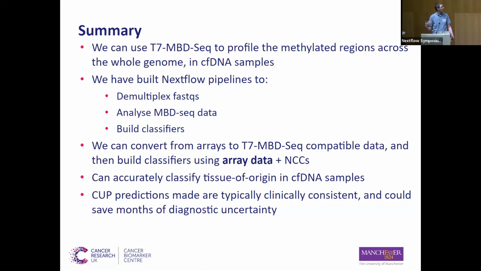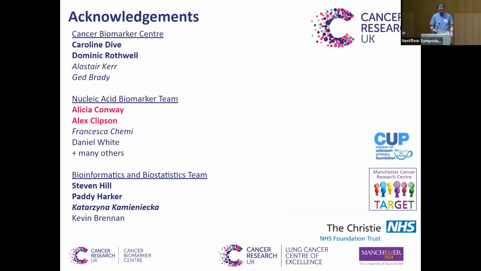And so I can convert arrays to be compatible and then build classifiers, and we can accurately classify tissue of origin for these cancer samples from plasma. And this could help in patients with cancer of unknown primary.